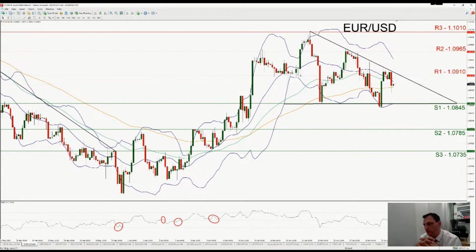On the other hand, though, we had the cooling off by the PCE and core PCE price index in the US, also for June, and for May. And that tended to weaken the US dollar, which you can see how it created a reverse movement back up as it had a clear downward movement before.